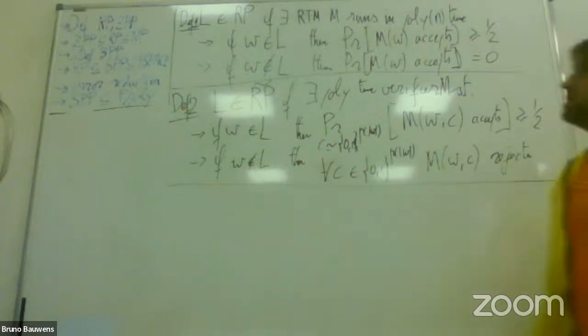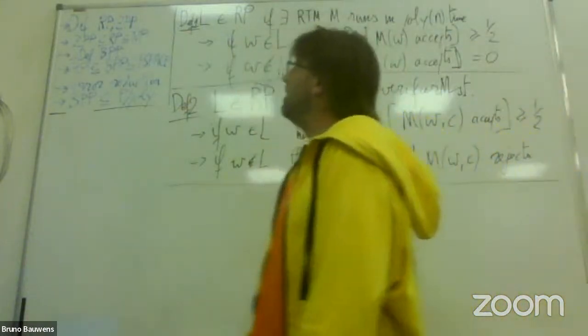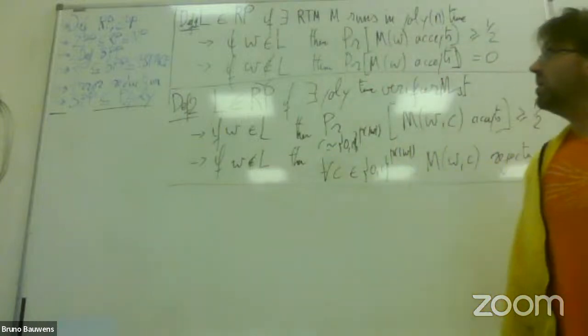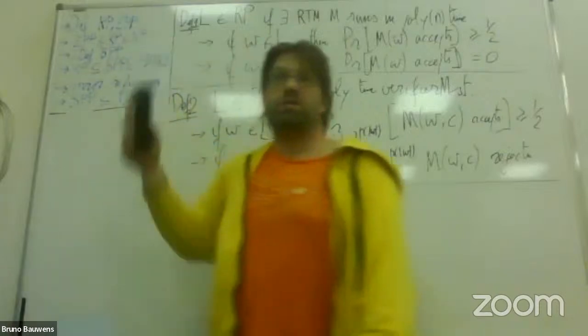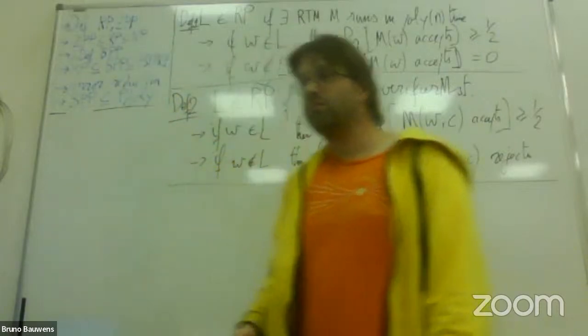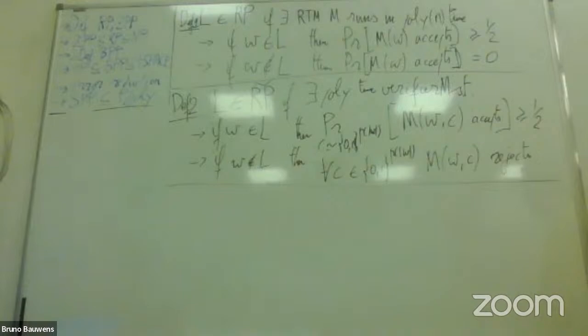Okay, so there is a class ZPP. If we run it 3 times, the machines should not be equal? The answers might be different.